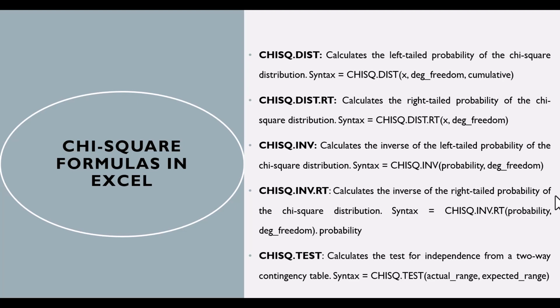Now, I have listed here a number of chi-square formulas that are in Excel and are useful in different ways. For example, the first one, CHISQ.DIST. This formula calculates the left tail probabilities of any chi-square distribution when you feed it the values you want to perform the chi-square on.